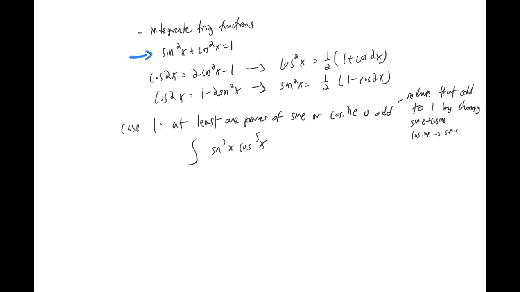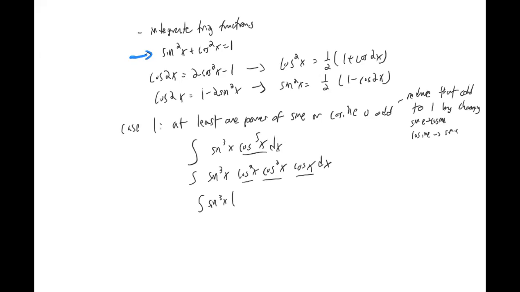Let's see that in play. We treat this as the odd one, though you could do the same for sine and get the same answer. Cosine to the 5th, so we reduce it to 1. How do we do that? I write this as cosine squared, squared, cosine. Now this is to the power 1, and I change all the rest to sine.